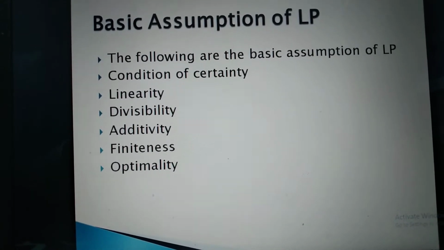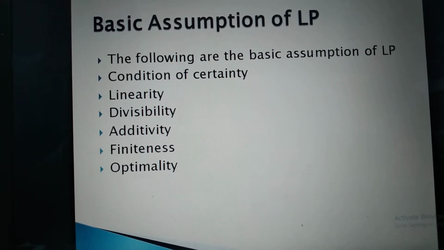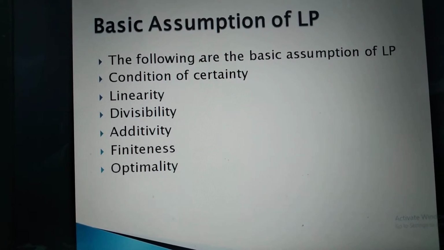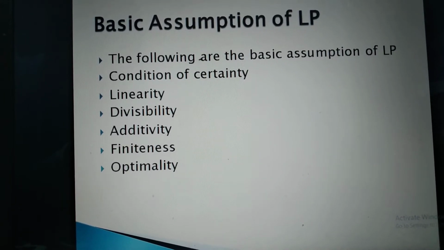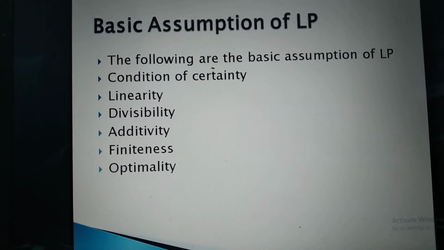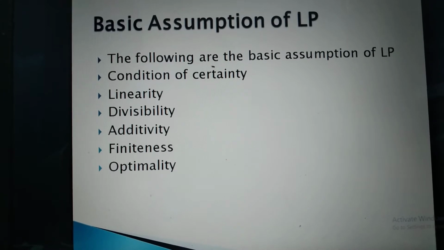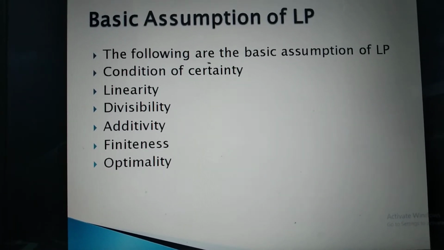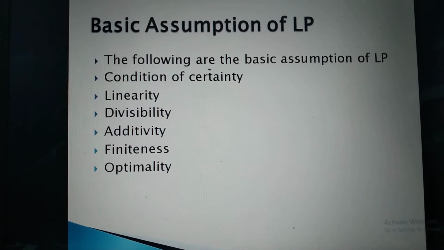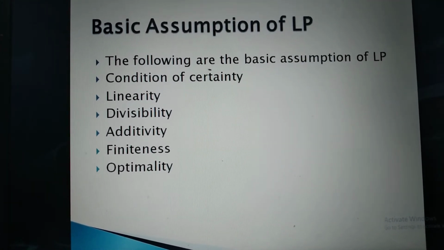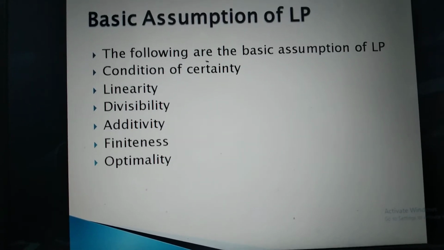Finiteness, your constraints and your objectives must be in numbers. Optimality, the solution that you're getting must be the best, and the solution can either be minimal or maximum. You're minimizing your cost or you're maximizing your profits.